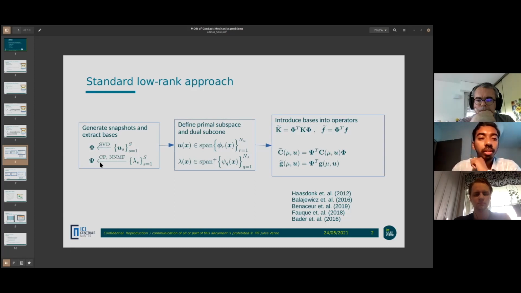When we talk about the balancing aspect, I could find one reference in the literature by Haasdonk, where the inf-sup condition is balanced by adding certain columns to the displacement degrees of freedom, for proving mathematically that the inf-sup condition is satisfied.